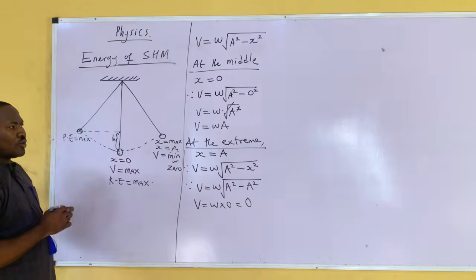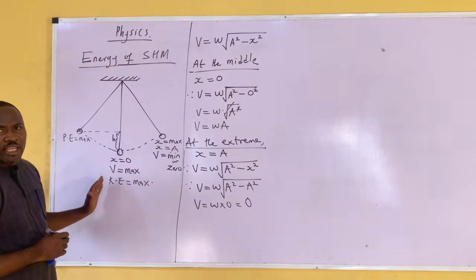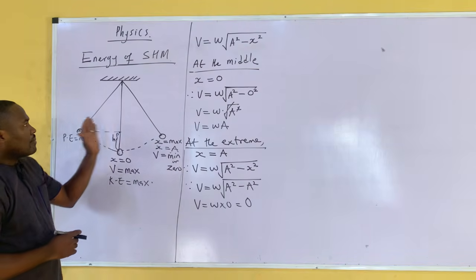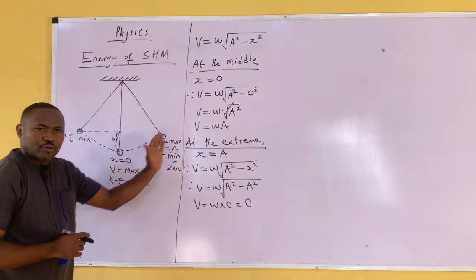Now, look at what we've done. We have been able to show which properties are maximum or minimum in this particular bulb that swings from the center to the various extremes.